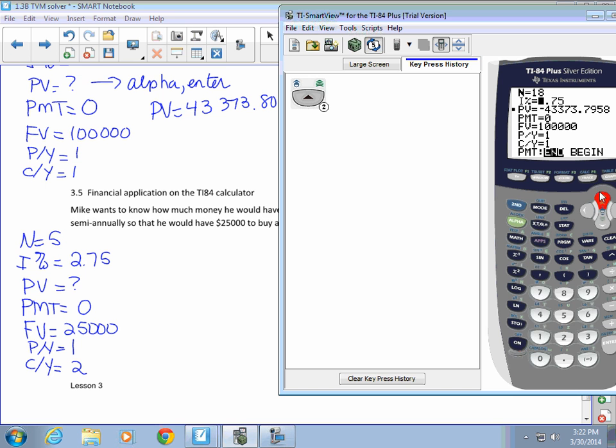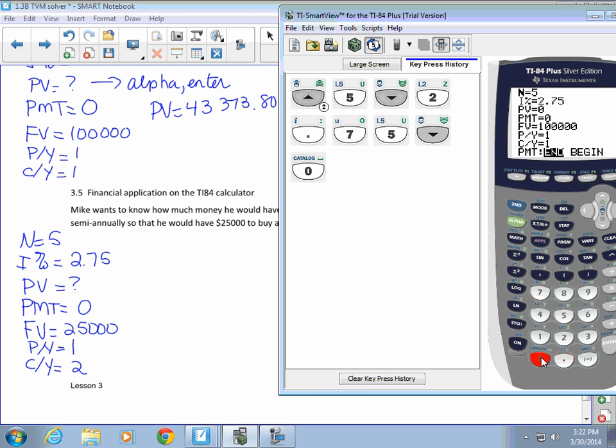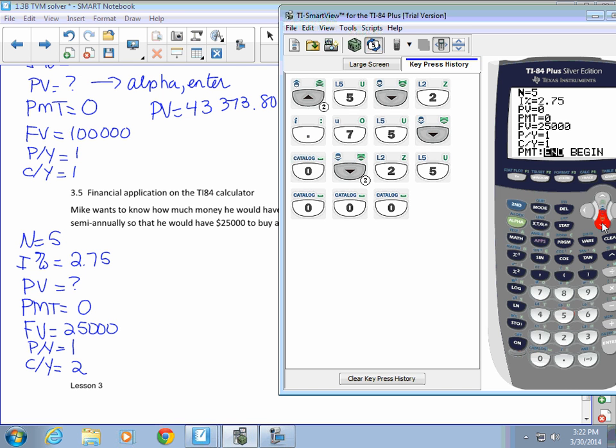So if I go up to the top here, my 18 turns to 5. My interest rate was 2.75. Present value, let's put that at 0 for now. Payment is 0, future value, so we want to have $25,000. It's being paid once a year, but our compound periods are 2.